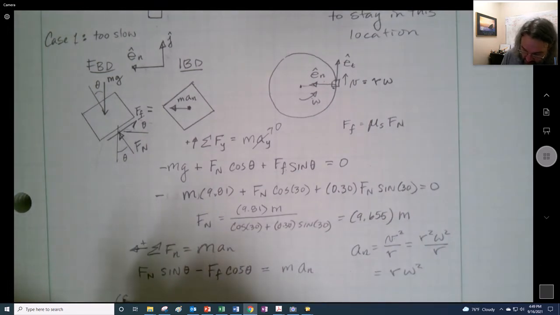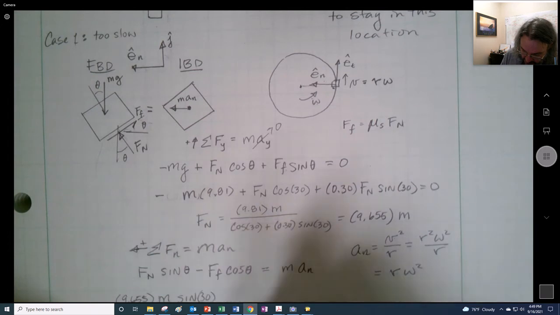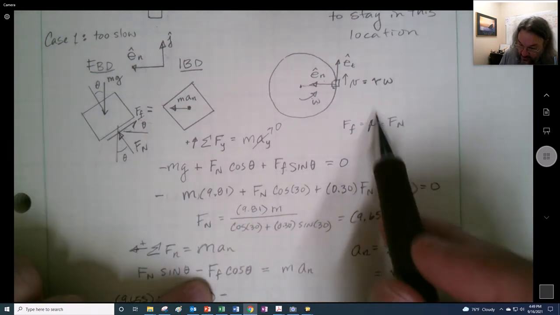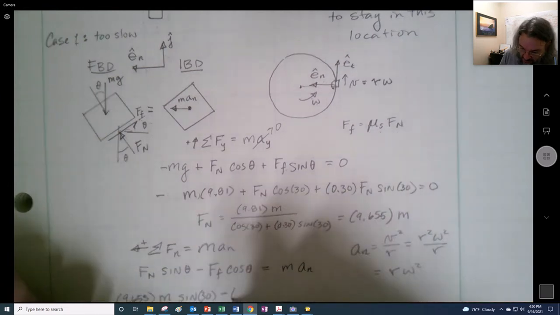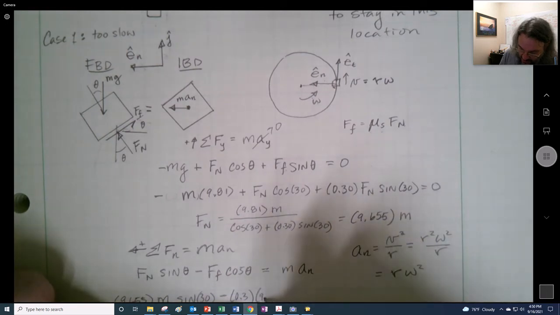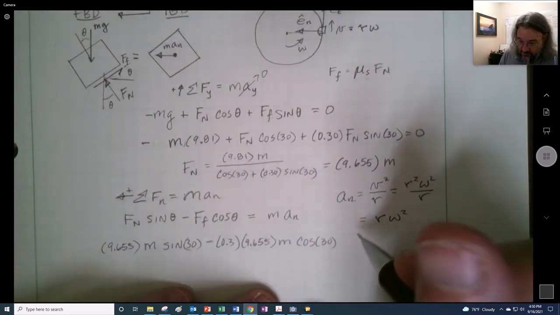So I'll go 9.655 times m times the sine of 30 degrees minus, now remember, we can write mu s times fn, so 0.3 times fn, 9.655 m times the cosine of 30 degrees. Okay.